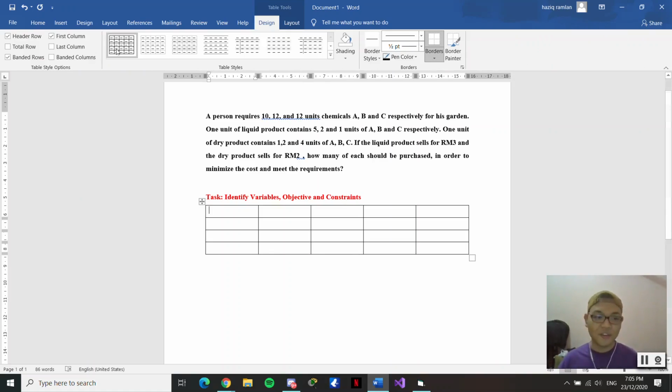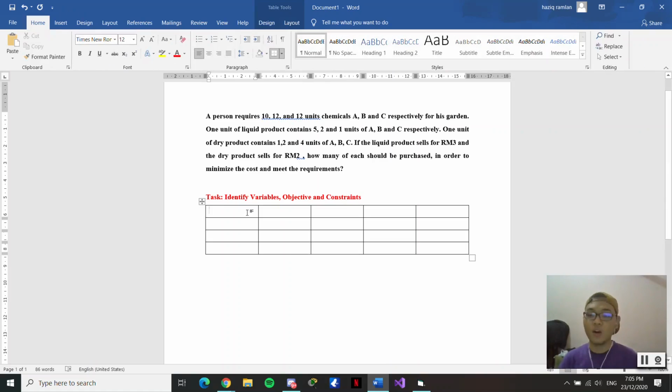First thing first, what we have to do is put all those names for the data. I'm going to put here variables, and on the side chemical A, chemical B and chemical C, and last but not least, selling price.